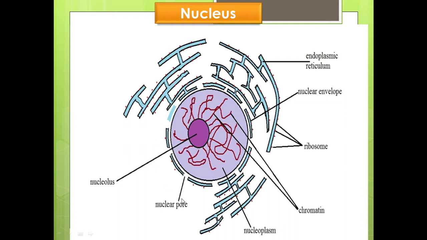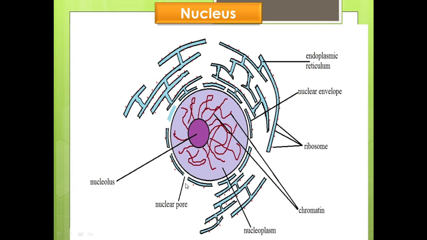The nuclear pores allow the diffusion of small molecules and certain ions inside the nucleus. They allow the movement of certain ions and small molecules freely, and also some proteins or enzymes which are required inside the nucleus are transported through this nuclear pore.